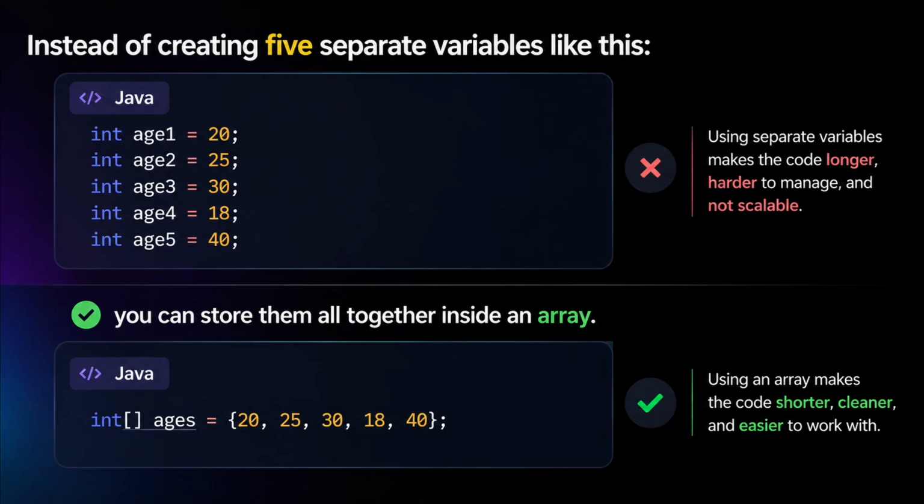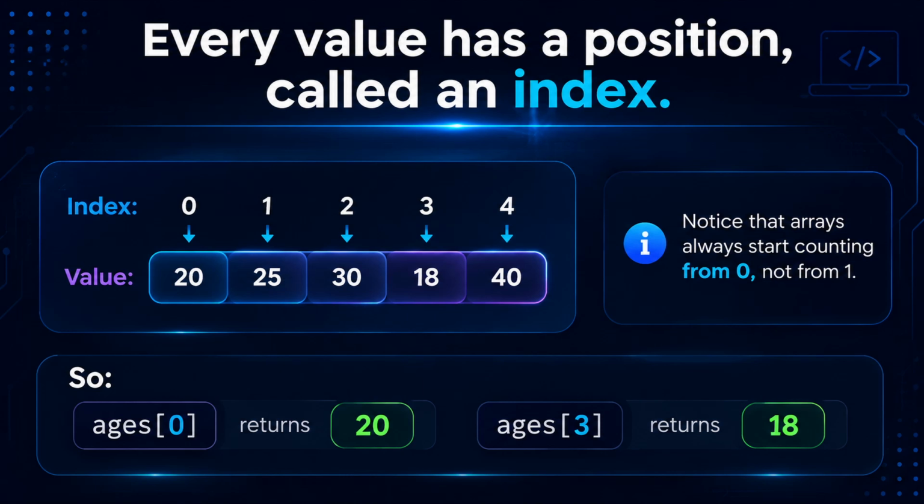All the values belong to one object. Instead of remembering 5 different variable names, you only remember one variable, ages. Every value has a position, which is called an index. Notice that arrays always start counting from 0, not from 1.